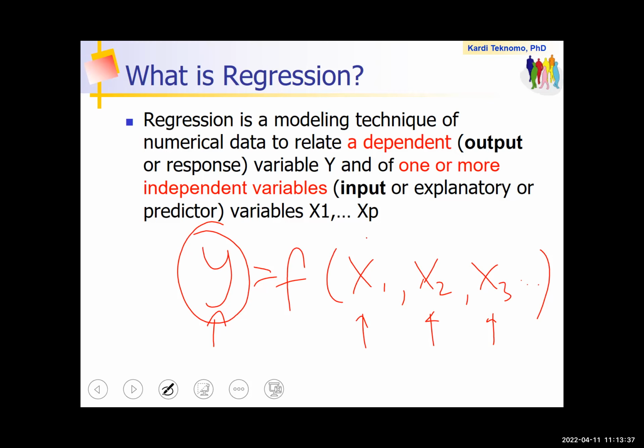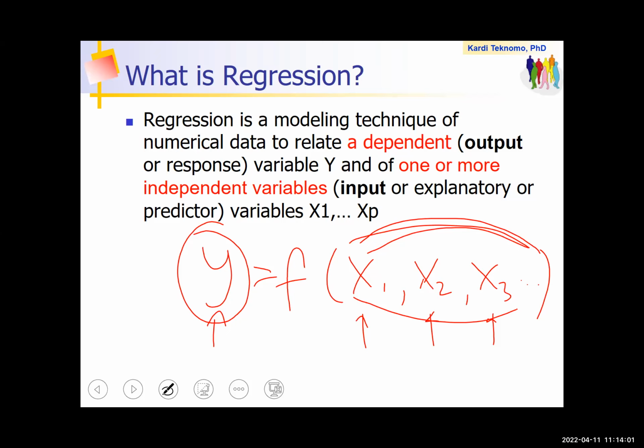The inputs x1, x2, and so on can be quantitative or qualitative, meaning they can be ordinal, nominal, interval or ratio, it doesn't matter.